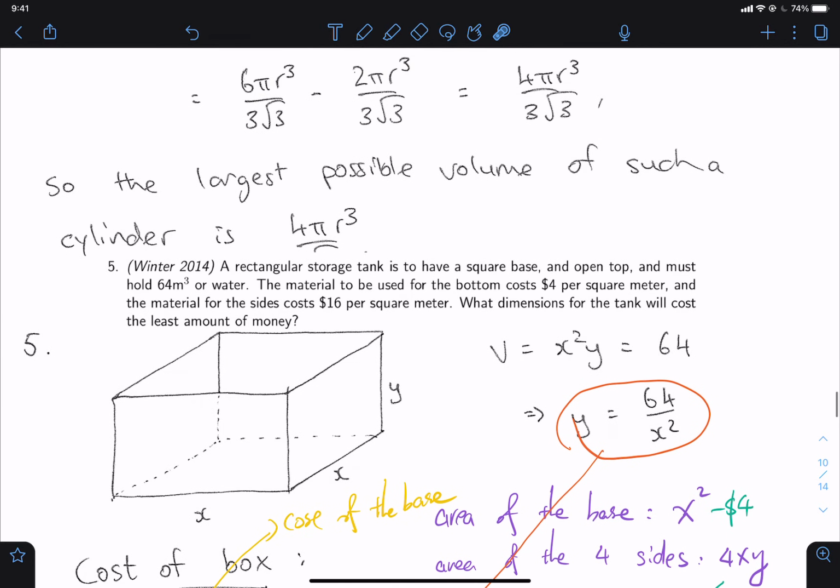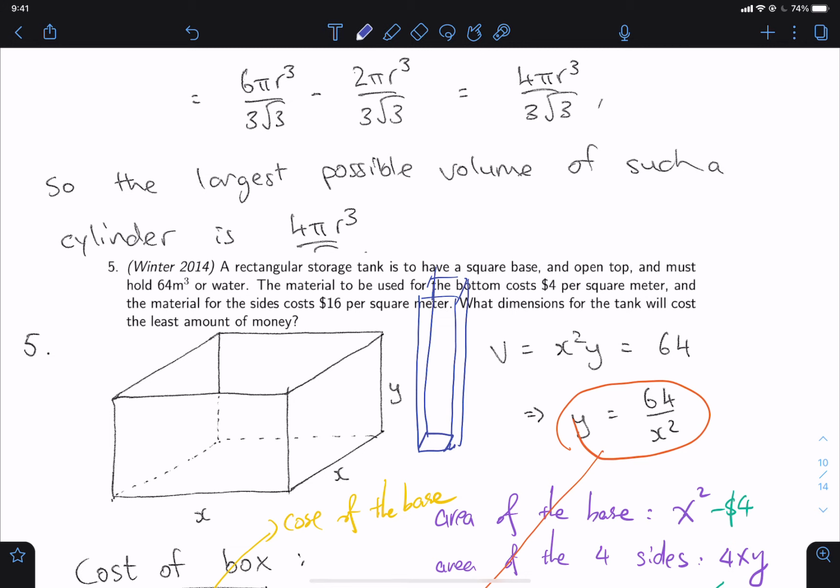This is in terms of x, right? So x can be very small. You can make a very tall, skinny box, that's up to you. But in order to hold that amount of water, this is going to be very tall. So it's going to consume your material, so it's going to be very expensive in that case.